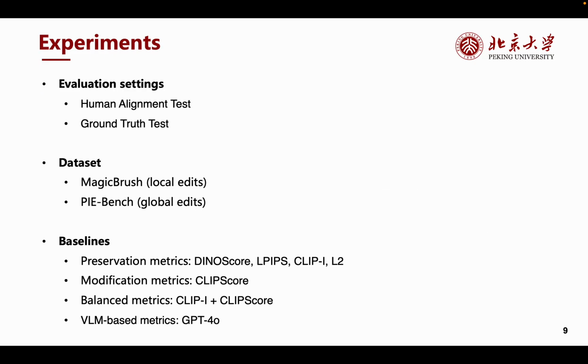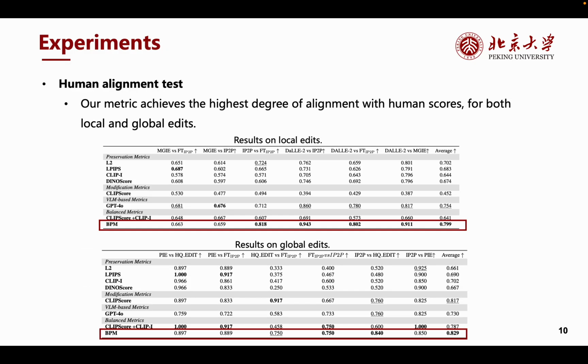For experiments, we have two evaluation settings: human alignment test and ground truth test. For human alignment test, as shown in the tables, our matrix achieves the highest degree of alignment with human scores for both local and global edits.